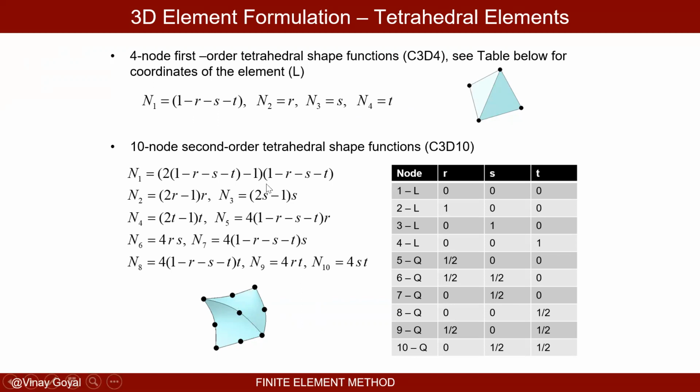I'll discuss that later. Here, you can see that these are the 10 shape functions provided to you, and the nodal locations for the standard element are given here. You can see here for the four noded element, the locations of those nodes are given by R, S, and T in this equation here.